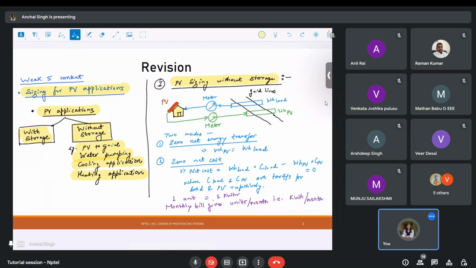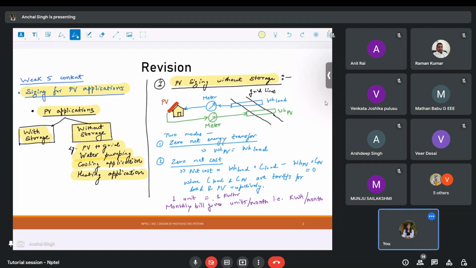But suppose I have connected the solar panel on my roof, and now what will happen is my solar panel will be generating certain energy, and that energy will be connected to some other kind of energy meter, that is the green energy meter, and we'll push that energy into the grid. So now I am not only drawing the power from the grid, I am also pumping the power into the grid.